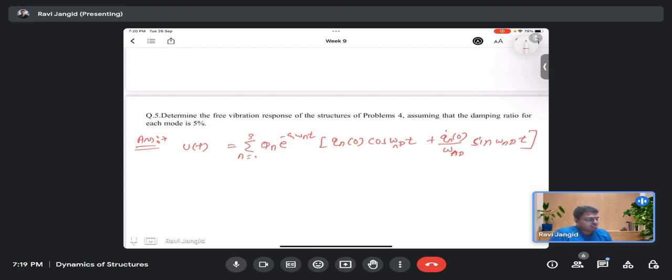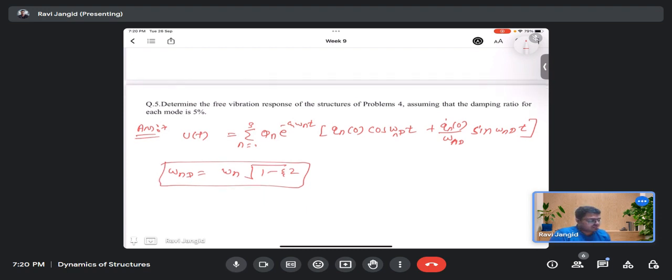So what is my omega d? It would be omega n times square root of 1 minus xi square. So you can calculate it.